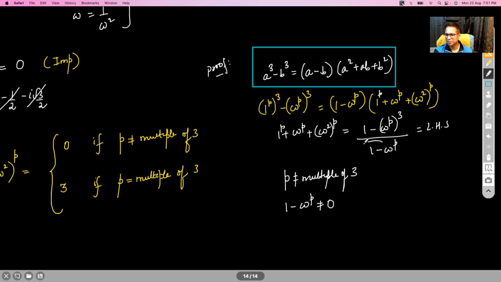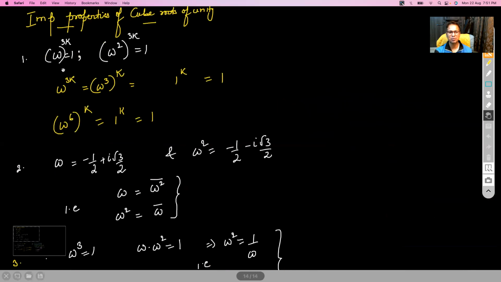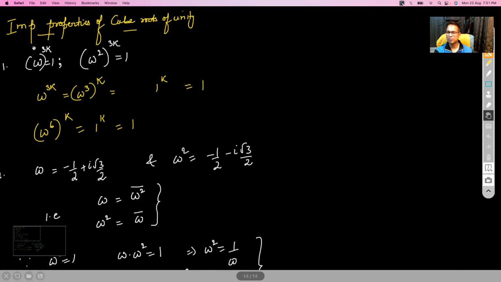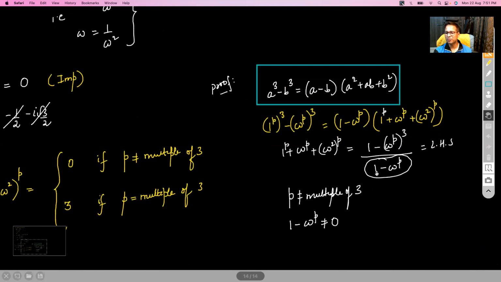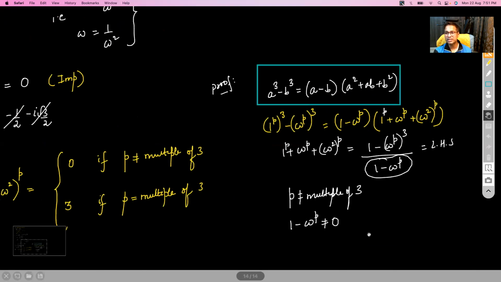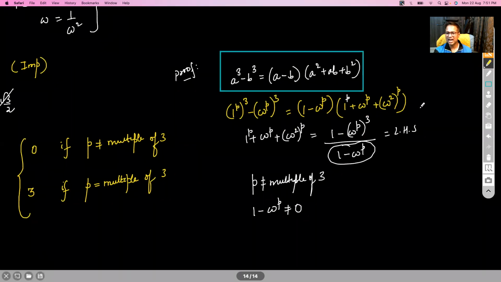That means this guy will not be 0, because it will be 0 only when p is a multiple of 3, as per our very first property: omega to some power p, which is a multiple of 3, that will only give me 1. So this is not going to give me 1 minus 1, hence it is not going to give me a 0.